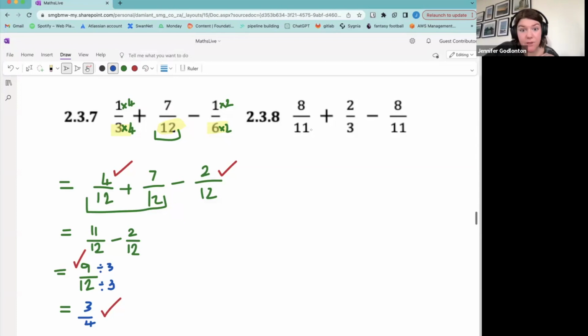Absolutely. That's exactly what we're going to do in this situation. So we're going to times that by 3, and we're going to times that by 3, and then we're going to times this by 11, and the same you're going to do here, and then you're going to do something there too.